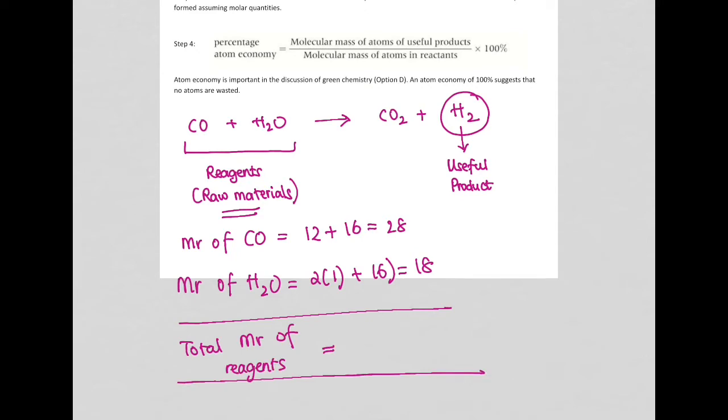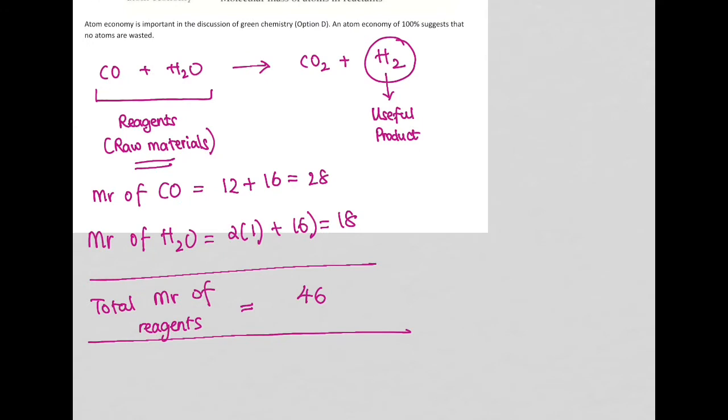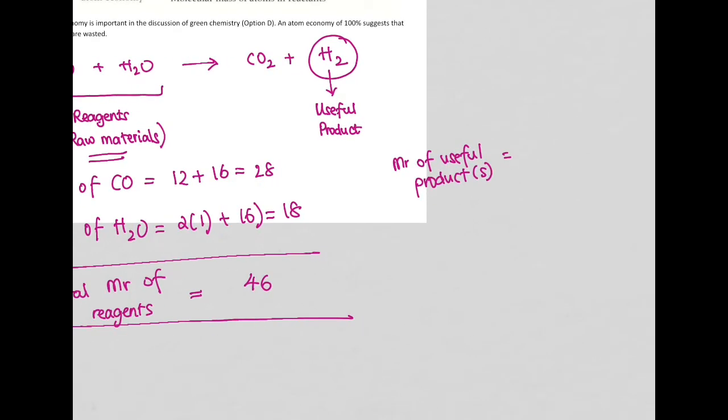So this gives us 46. And then we're going to find the MR of the useful products. So if you have more than one useful product, you're going to add them up. But in this case, and usually, we're going to have one useful product. So in this case, it's 2 times 1, so that's just 2.